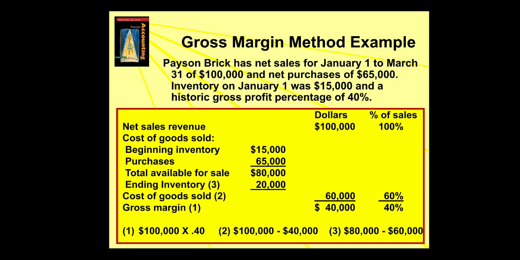The perpetual method is a method to record inventory in which every time there is an increase or decrease in inventory, the inventory account will be updated. But if you use the periodic system, you only update the inventory account at the end of the accounting period.